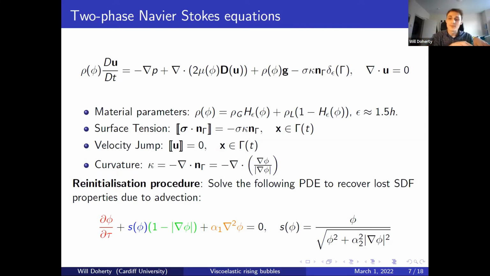But we want to retain that property because that is smooth and continuous and prevents this happening more and more in the future. So in order to do that, we solve this reinitialization equation in tandem with the advection equation to recapture the lost eikonal property and make the level set function that we are advecting more like a signed distance function. So this is really, really important too.